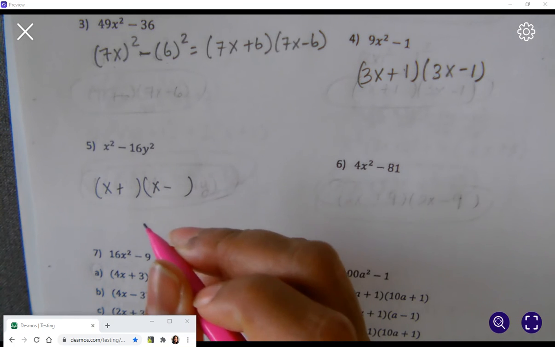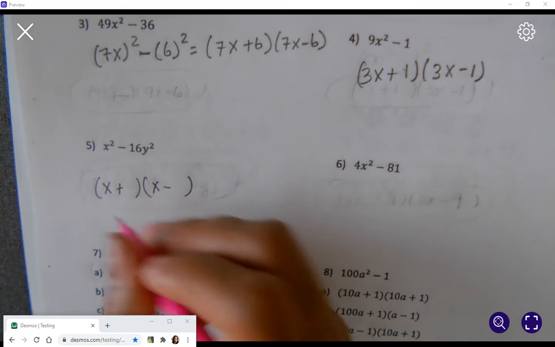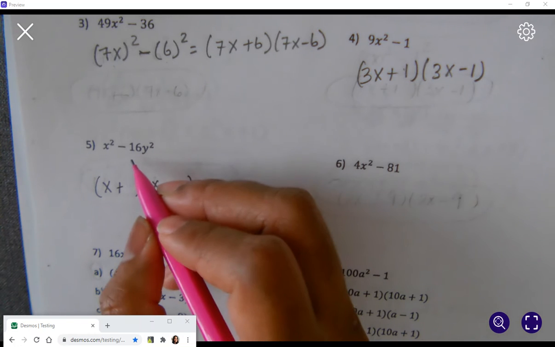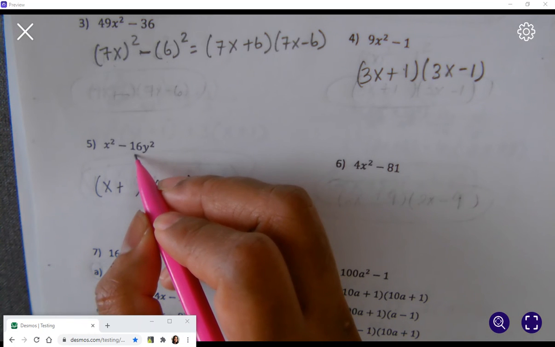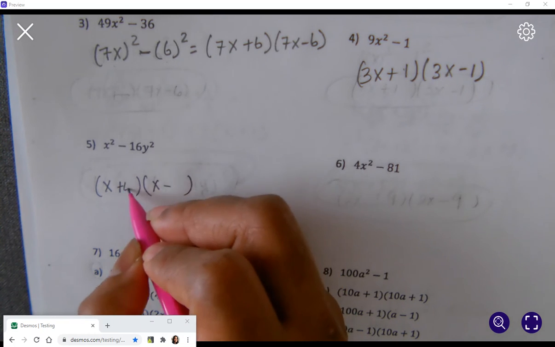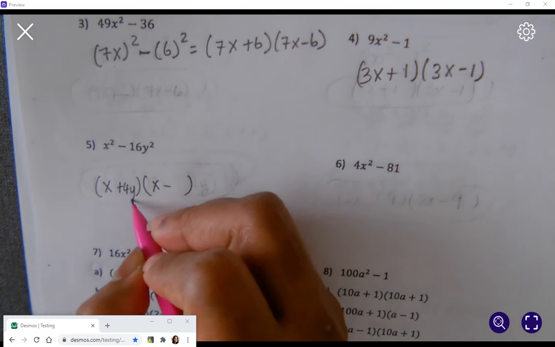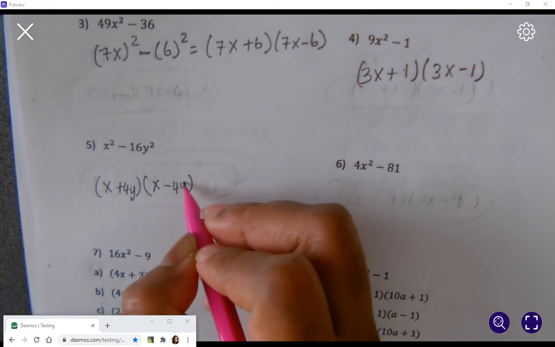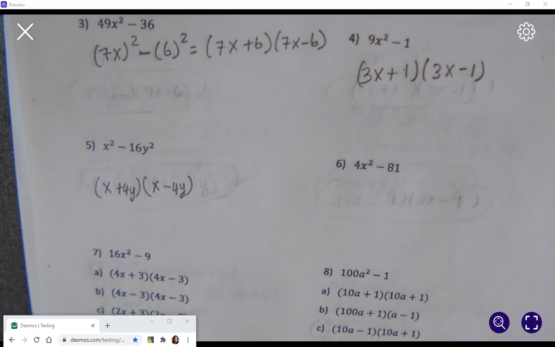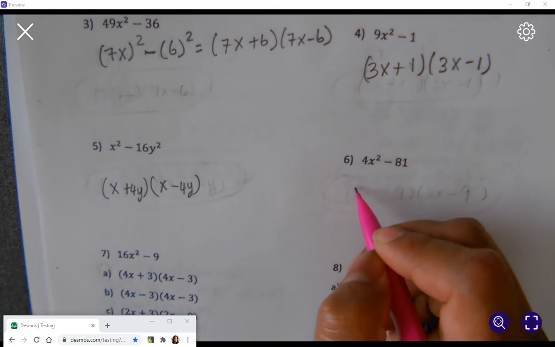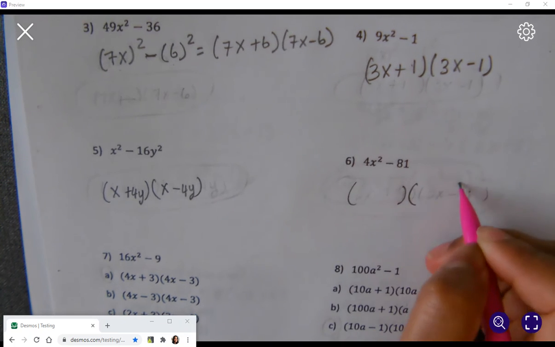You have the plus minus, and then you have your a. The b here, the square root of 16 is 4, and then you have your y, and then minus 4y.